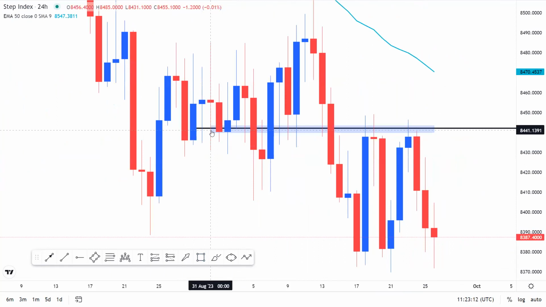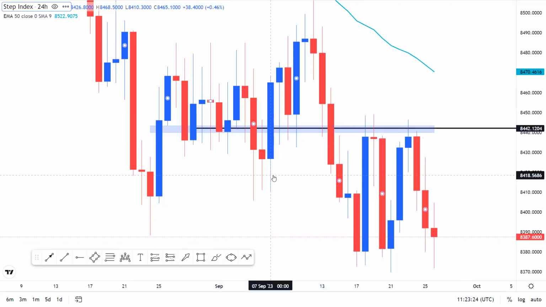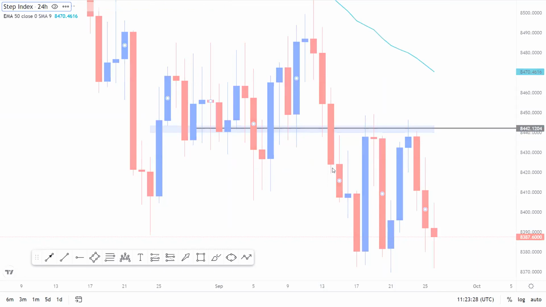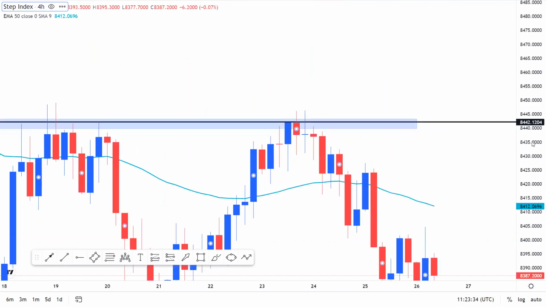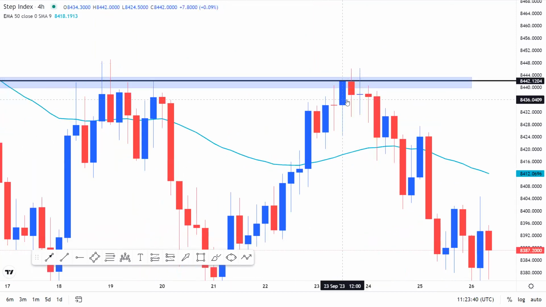Looking to the left, you can see we have had multiple rejections in the opposite direction every time we tested the level, making this a daily key level. So on getting down to the 4-hourly time frame, price presented me a perfect head and shoulder pattern as soon as we tapped into the daily key level.